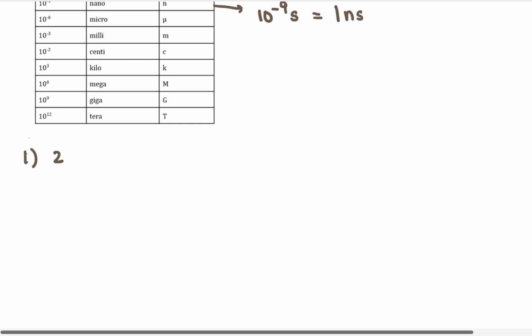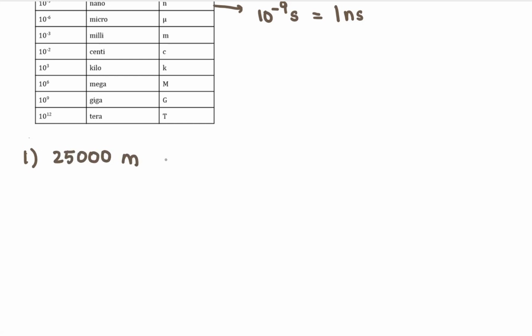Let's convert 25,000 meters to kilometers. So unit conversion simply changes the unit while keeping the quantity constant. Mathematically, it can be represented by multiplying by 1.